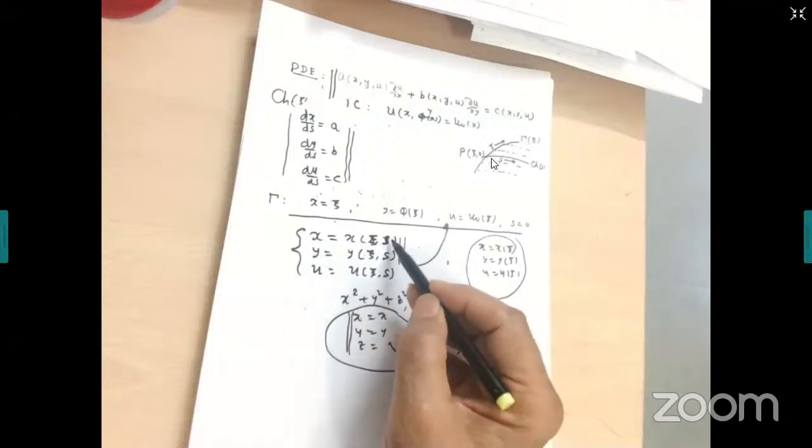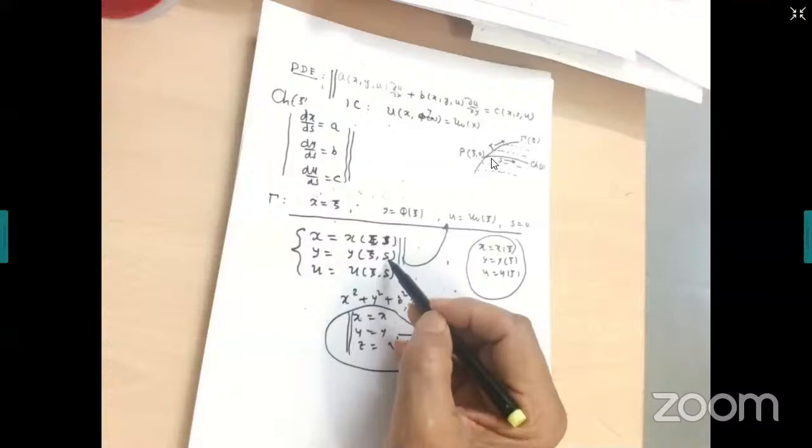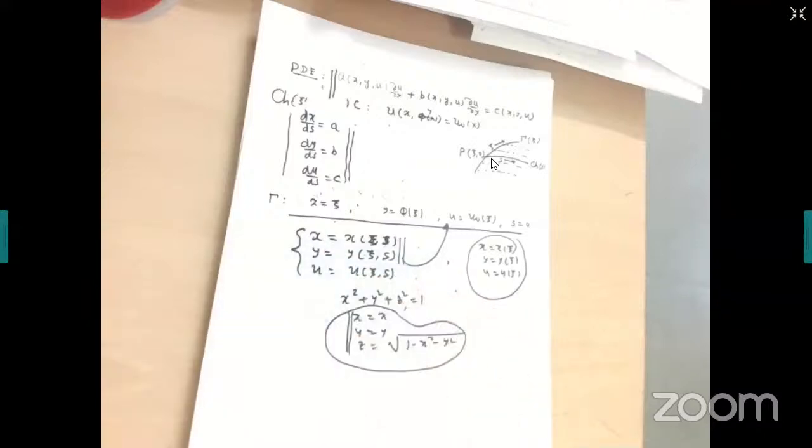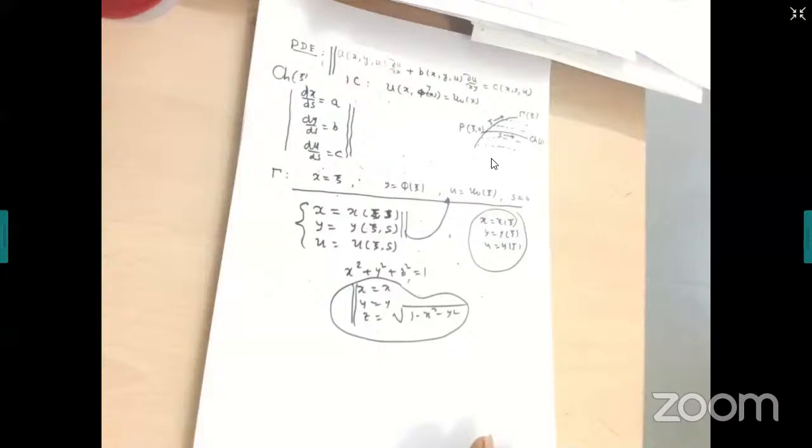Now, is it possible to express s and xi always as functions of x and y? This comes from analysis. Somebody should answer this question. Is it always possible?